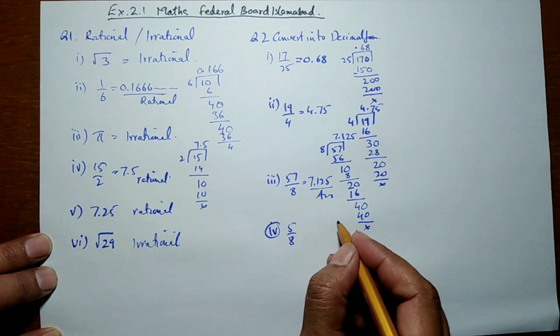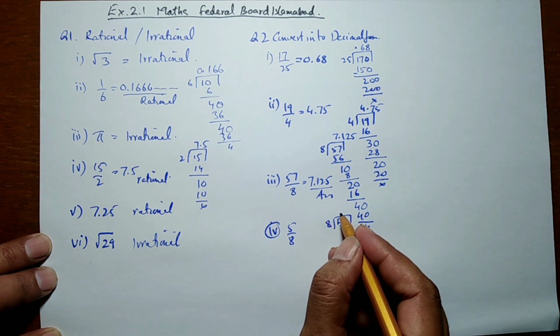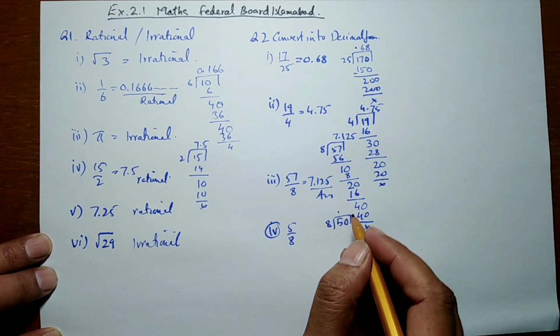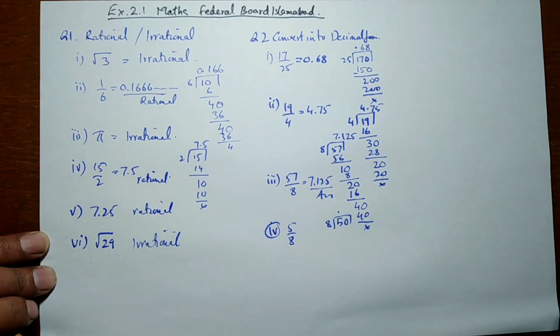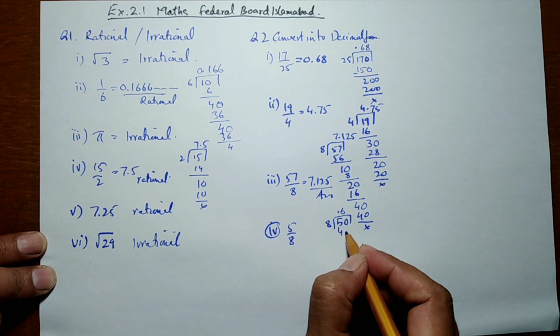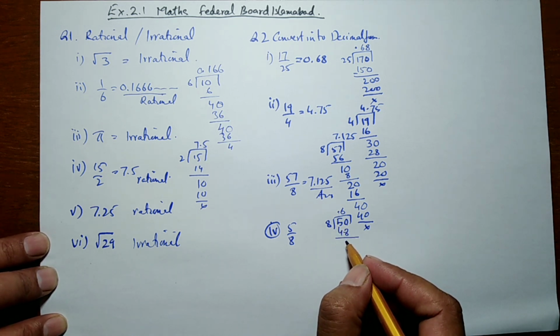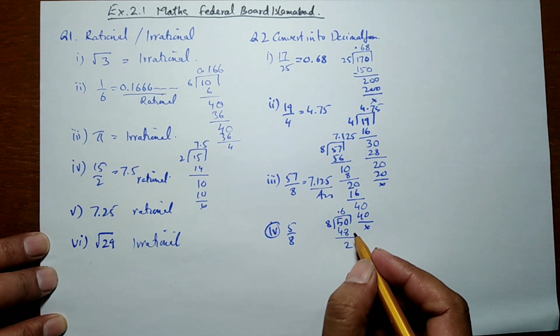5 upon 8, dividing 5 by 8. Sorry, first introduce the point and 0 here. 8 6s are 48, and we have 2 remainder.